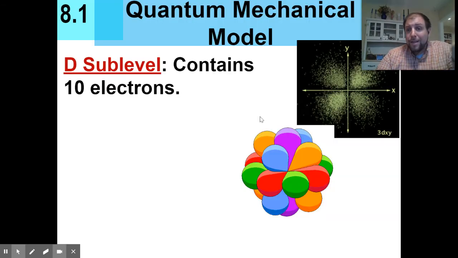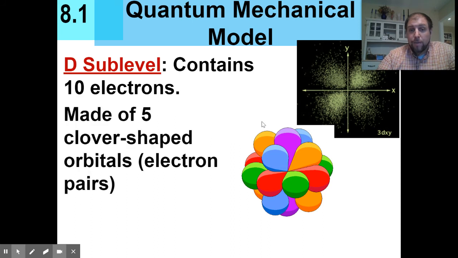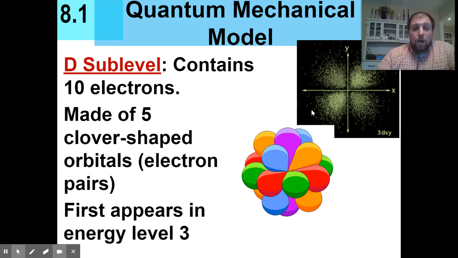Okay. Then we got the d sublevel. This is what a cluster of 10 electrons looks like, and basically it's made of 5 clover-shaped electron clouds interlocking together. The farther away we get from the nucleus, all right, the more space there is for electrons.